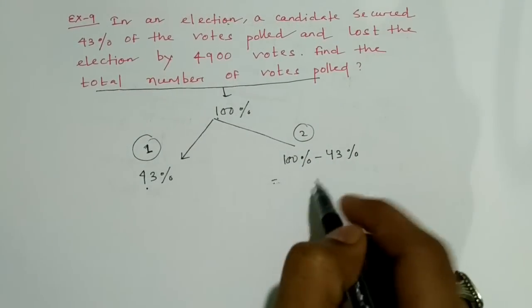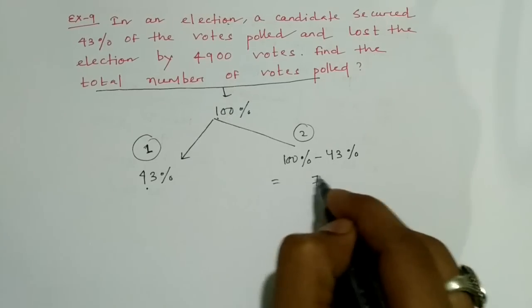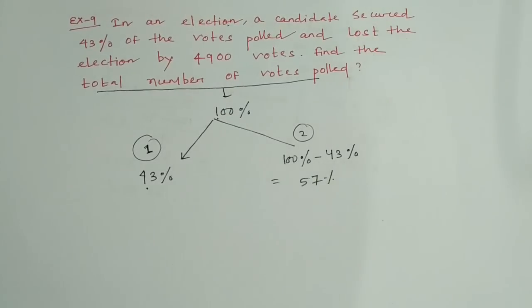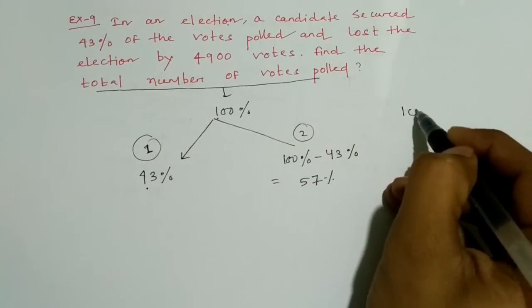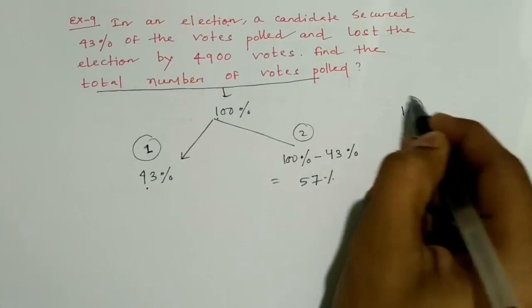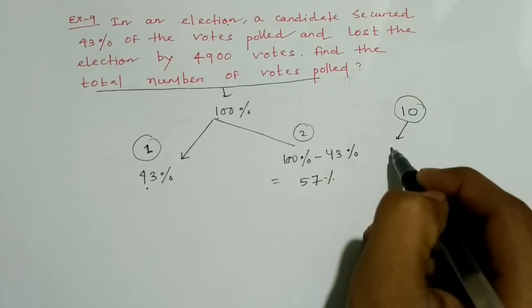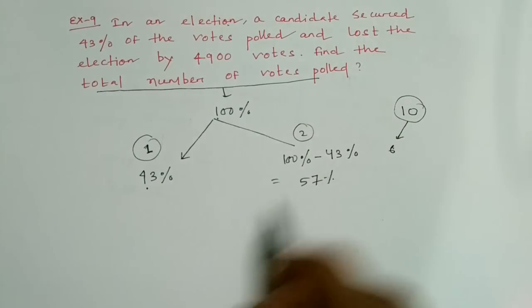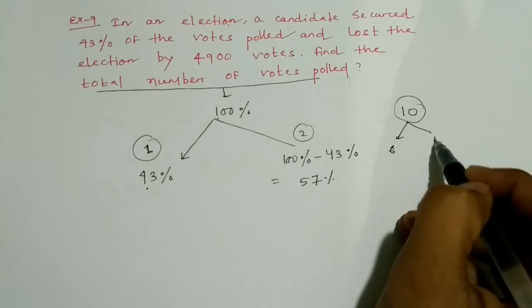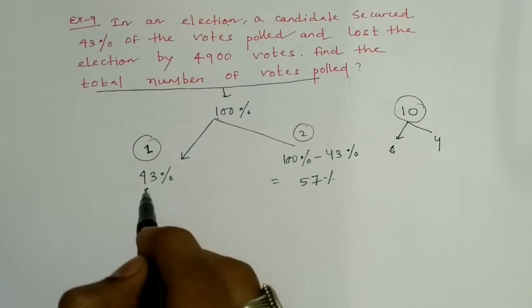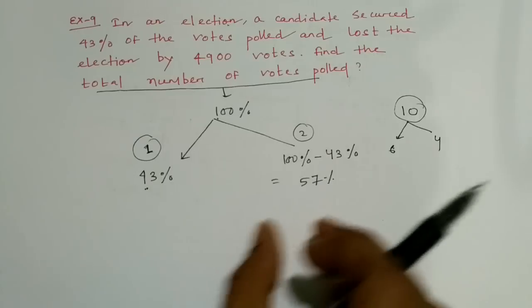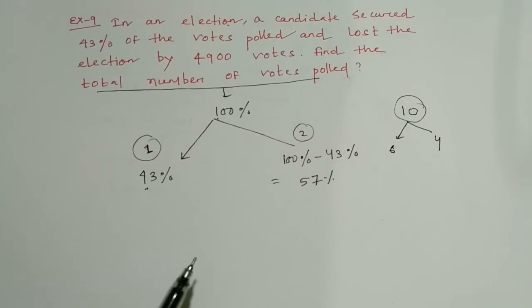So it will be 10 minus 3, that is 7, 9 minus 4, 5. So 57%. It is clear that, listen friends, if 10 chocolates are there, and I got 6 chocolates, then you must get 4 chocolates. So one candidate got 43% vote, another candidate got 57% vote.